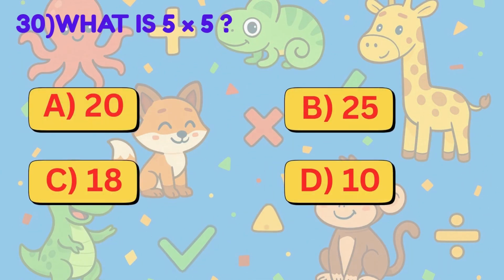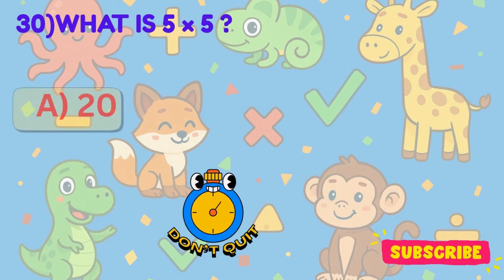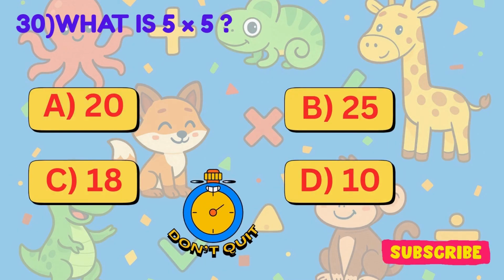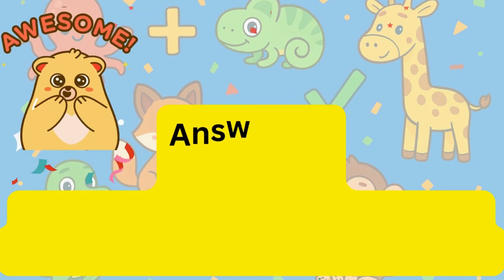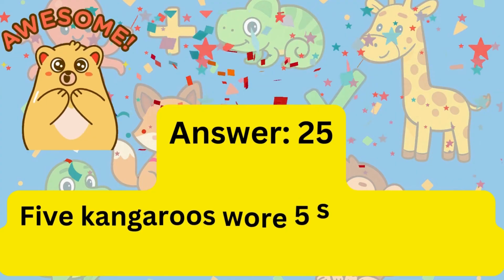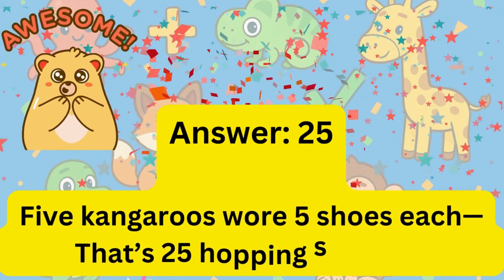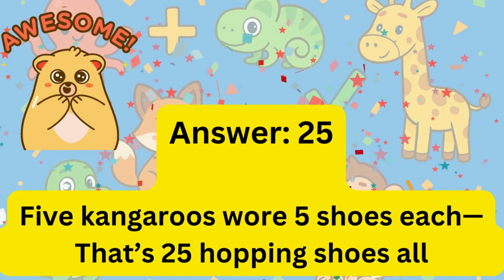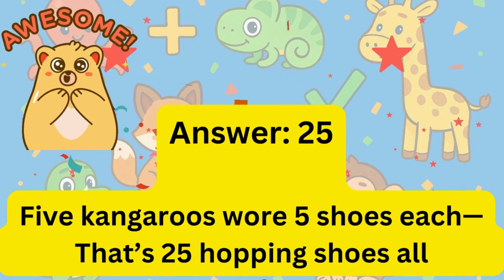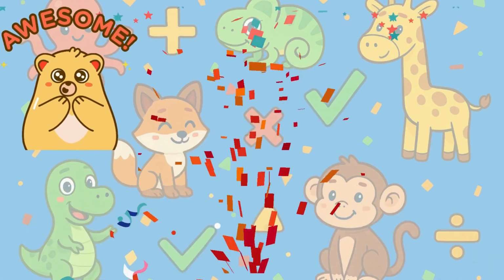What is 5 times 5? Is it A, 20, B, 25, C, 18, or D, 10? Correct answer is 25. 5 kangaroos wore 5 shoes each. That's 25 hopping shoes all together.